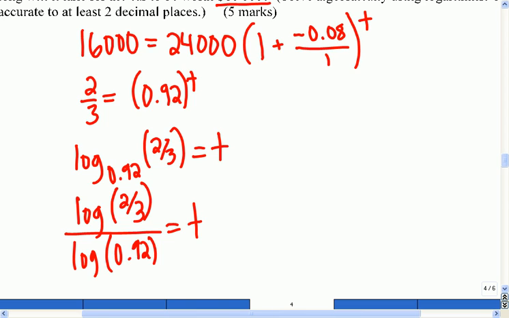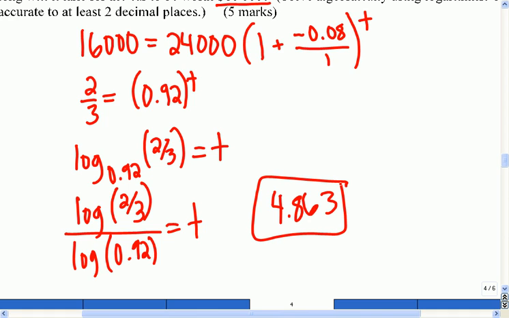Log 2/3 divided by log 0.92 is 4.863. Okay, so a little under 5 years, and your car is now worth 1/3 less. Depressing, isn't it? That's why you're supposed to buy a 2-year-old car or a 3-year-old car. Don't buy a new one.